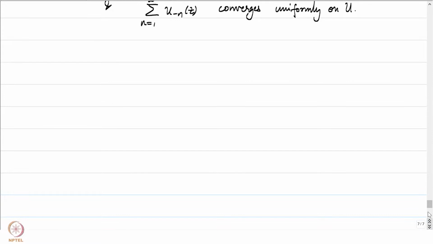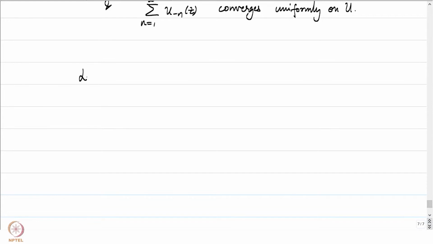Let me just set up one more notation that is needed for the Laurent series development. We will define an annulus around Z0 to be a disk of radius R2 with a closed disk of radius R1 inside it removed.